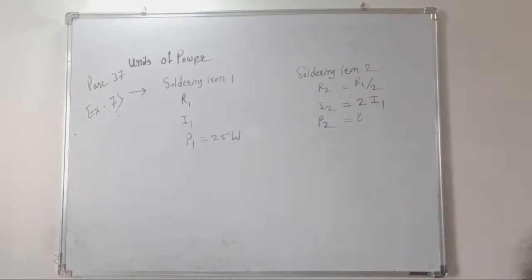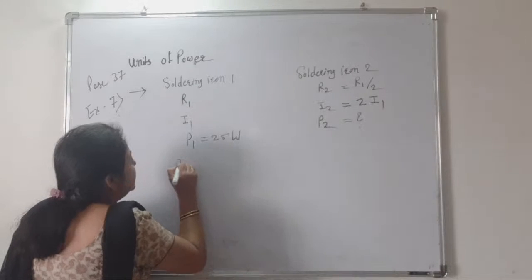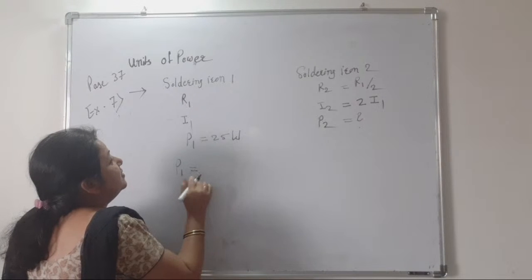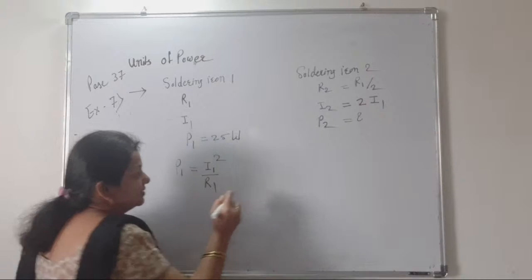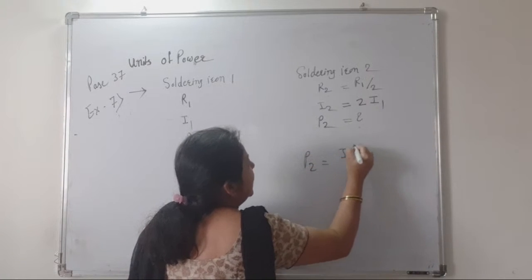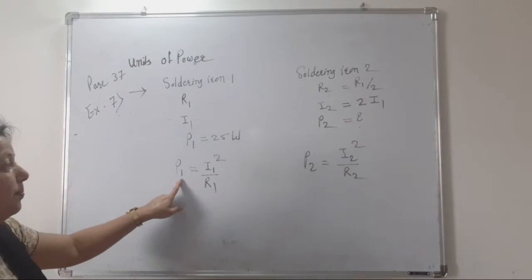Now how do you calculate? Now you know that P1 is equal to I1 square R1. And P2 is equal to I2 square R2. Right? You know P1.